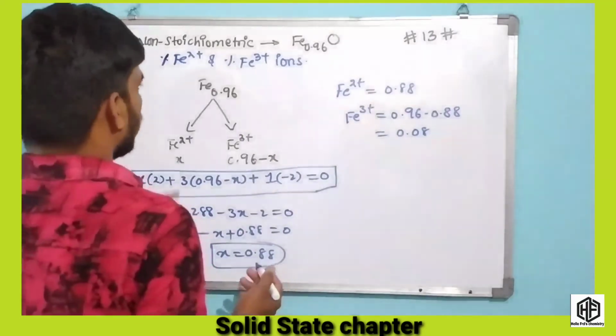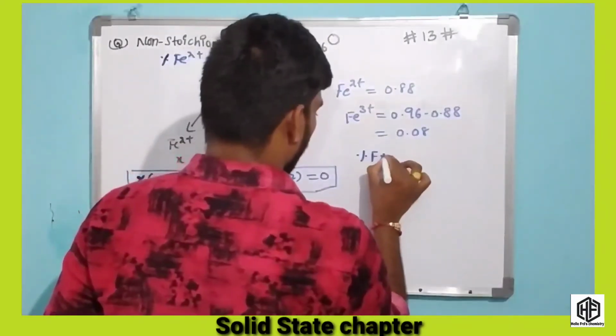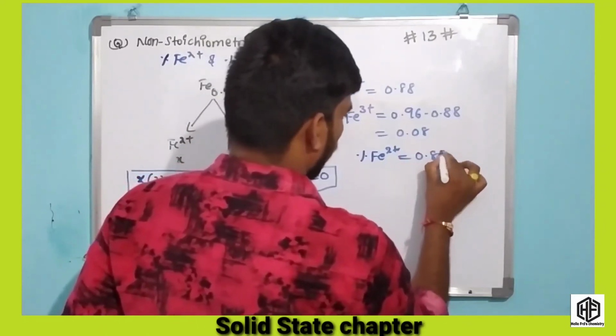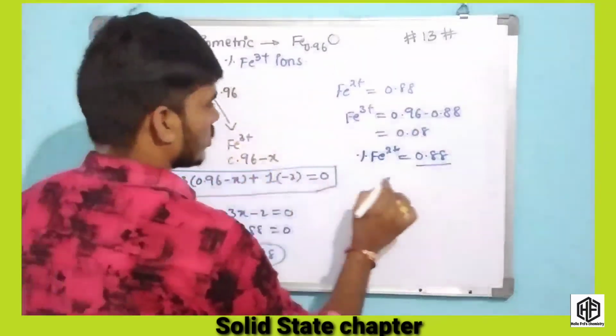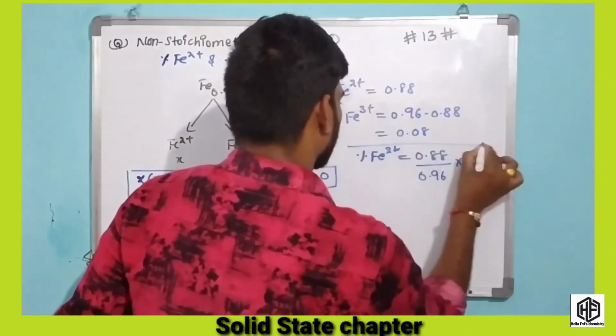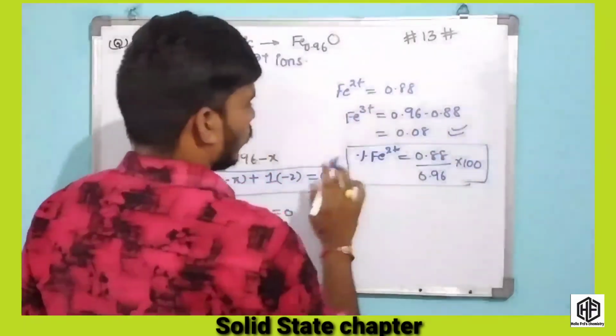Now what about the percentage of Fe2+? The percentage of Fe2+ is equal to the Fe2+ ions divided by the total Fe ions, 0.96, into 100. And the percentage of Fe3+ is the Fe3+ ions divided by the total Fe ions, 0.96, into 100.